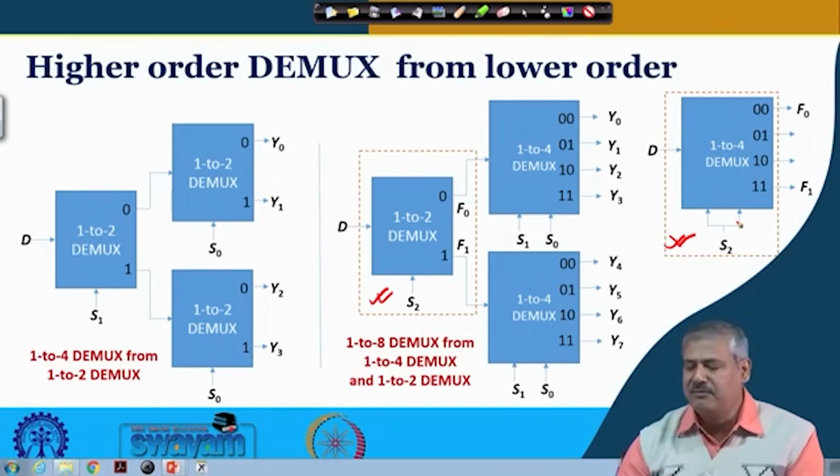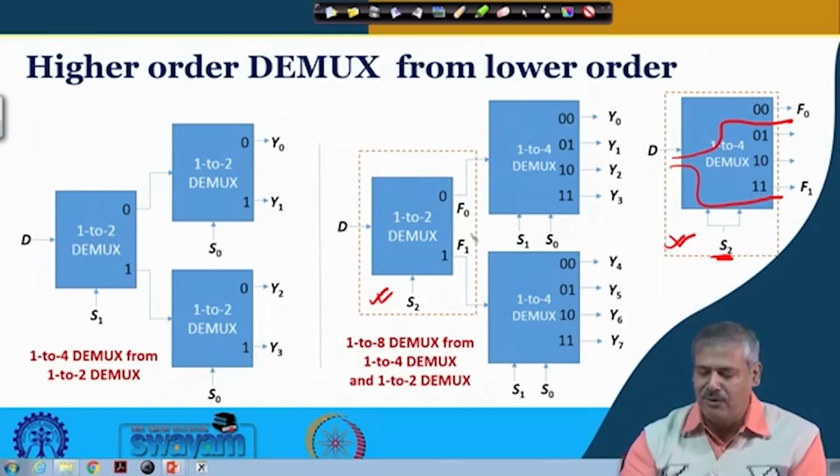One method we had seen before was making one of the inputs low or high. This is another example where we make both the inputs common and connect them to S2. If S2 is 0, it is going here. If S2 is 1, it is going to the output 1 1.